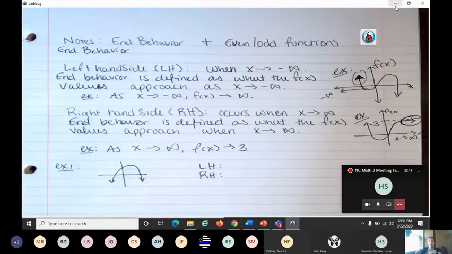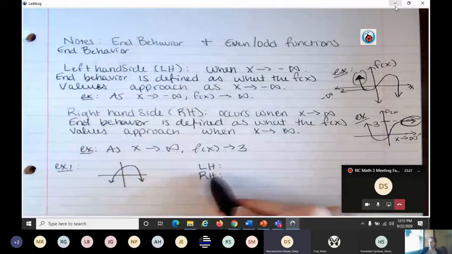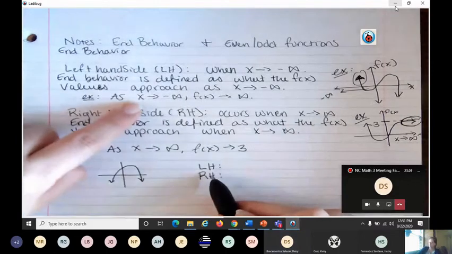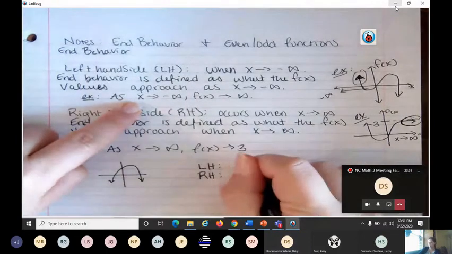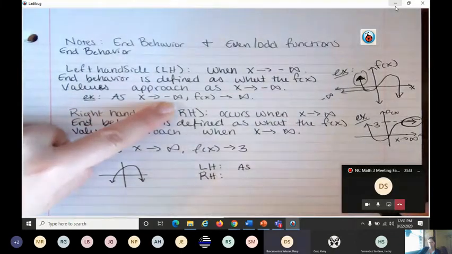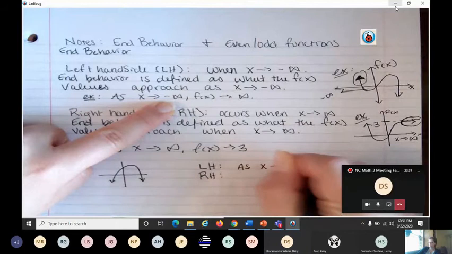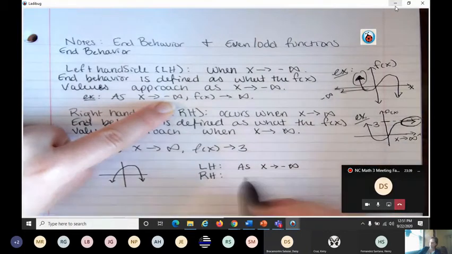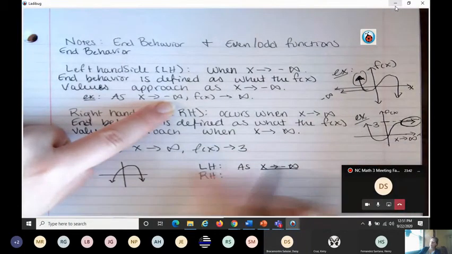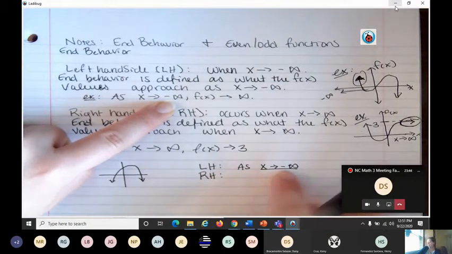Let's see, Daisy, are you here? Yes. Okay, so for the left-hand side, what are my x's approaching? Negative infinity. Yeah, so as my x's are going towards negative infinity, and that's always going to be the statement. So for the left-hand side, you always have this first piece.